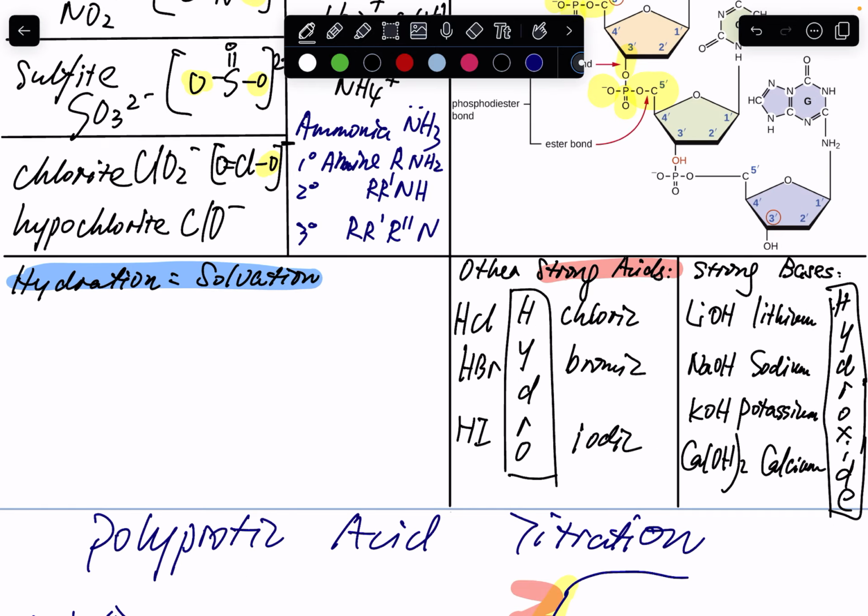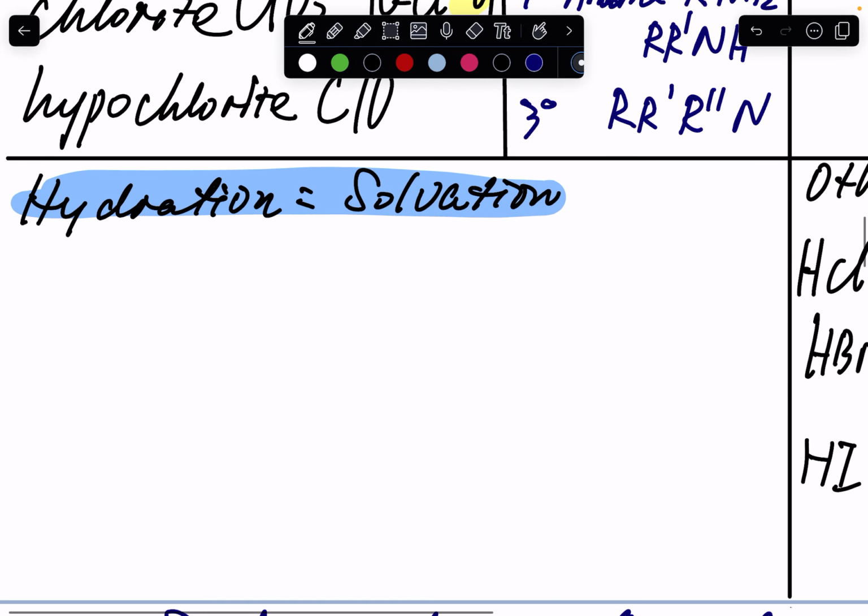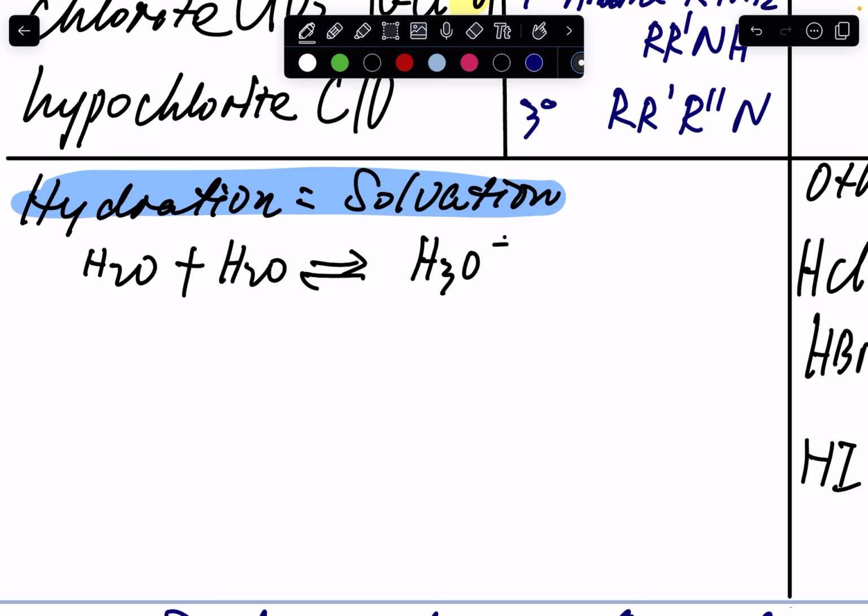Now, lastly, I want to talk about hydration. What is hydration? You might know hydrogen bond, but what is hydration? We know that in pure water, water molecules react with each other and form H3O+, basically a proton, and OH-.